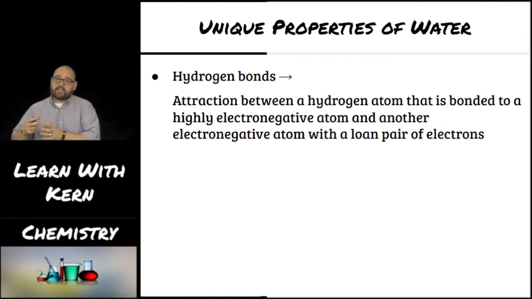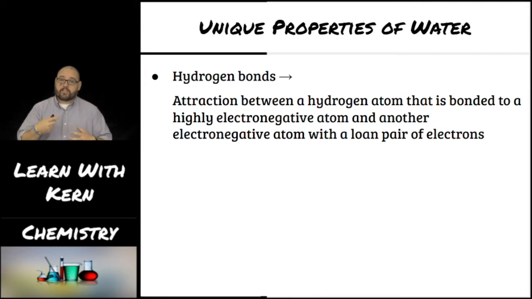That highly electronegative element is going to pull the electrons closer to the nucleus of the electronegative element like oxygen or nitrogen, and leave the electrons off of the hydrogen most of the time. So you've got a very polar bond between the electronegative element and hydrogen, making the hydrogen very positive. Well, when that hydrogen comes in close proximity to atoms that have a lone pair of electrons, which are negative, in their outer shell, or another polar molecule, then you get this hydrogen bond.